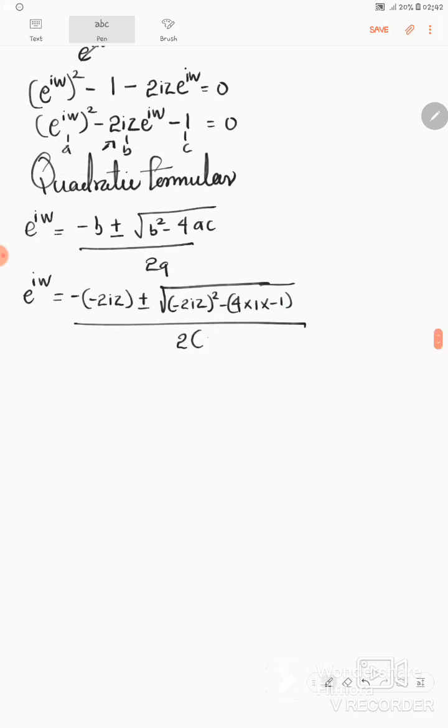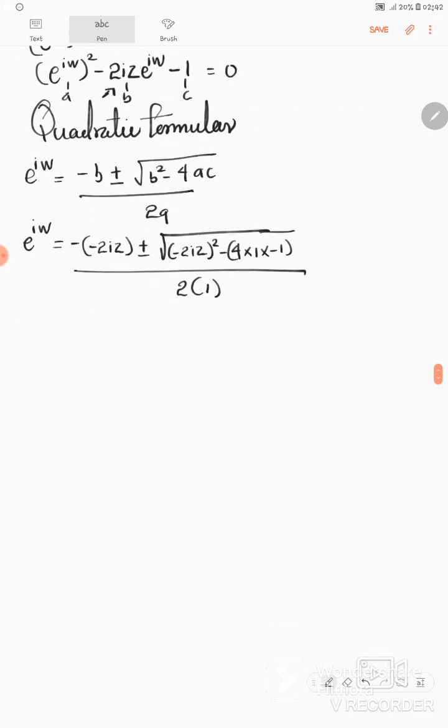Our A here is 1. And we're going to have exponential iw equals, simplifying this, 2iz plus or minus square root of, simplifying this side, we're going to have what?